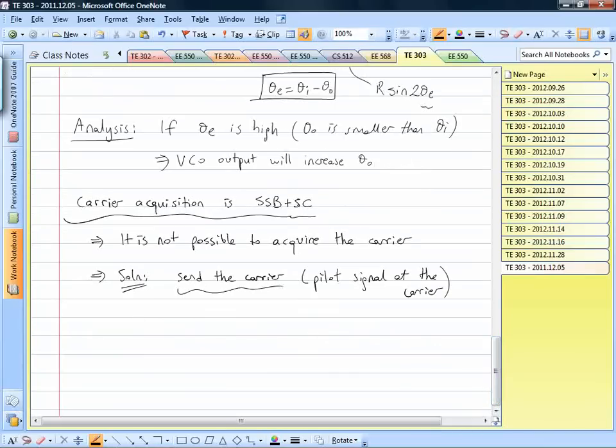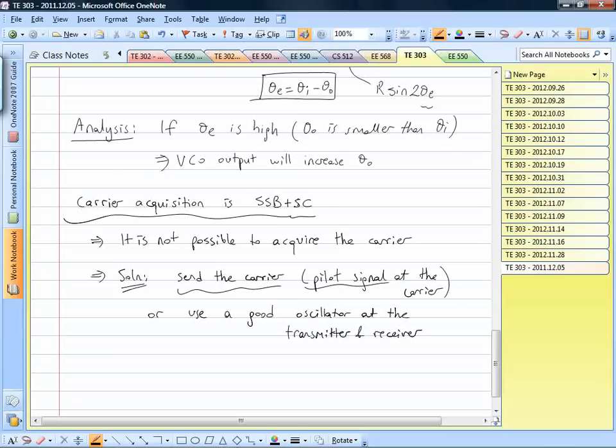Or use a good crystal, a good oscillator at the transmitter and receiver, so that you get this exact same frequency. But that's not a good approach because of the Doppler shifts and so on. So what is best is maybe to send a pilot signal, and then you can use the PLL.